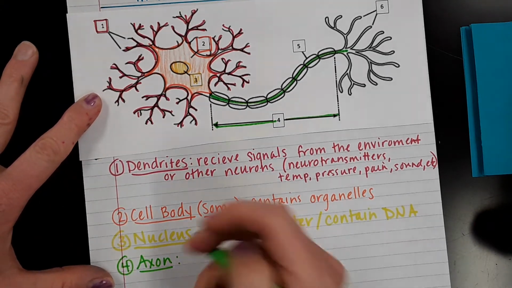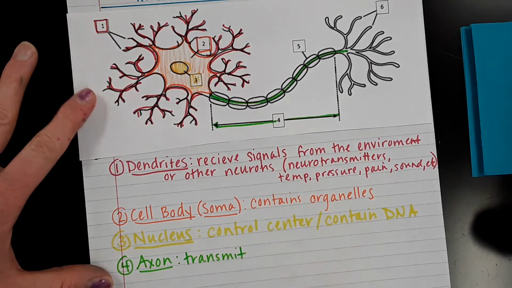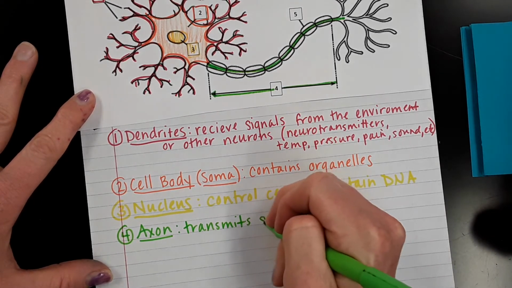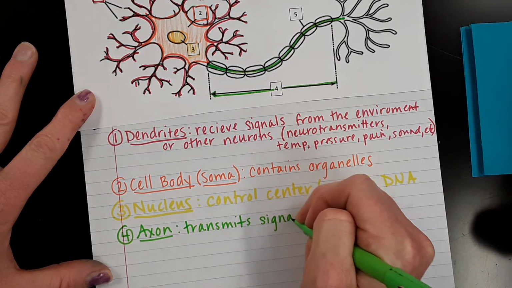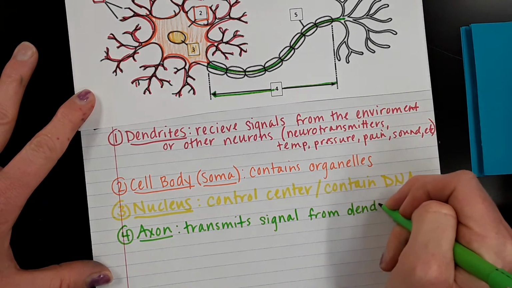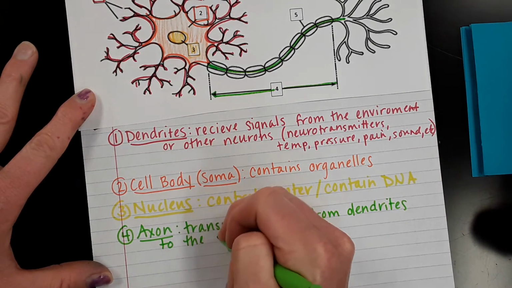And the axon is going to transmit our nervous signal. So it transmits the signal from the dendrites to the axon terminal.